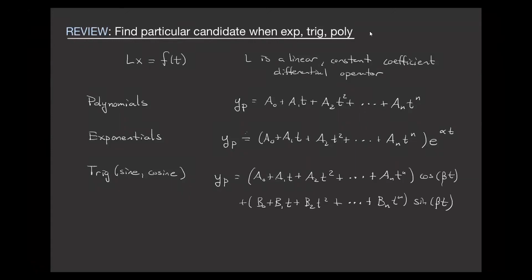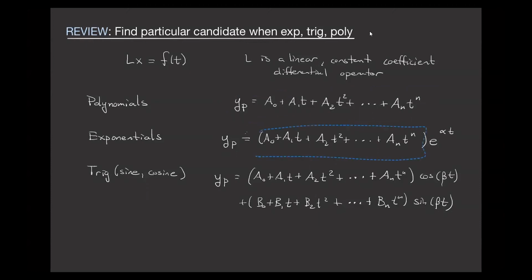This is what we've done so far with non-homogeneous differential equations. We've looked at the linear constant coefficient non-homogeneous differential equation. We would find the complementary solution, and then depending on what was in that solution, we would use a particular candidate that looked like this.